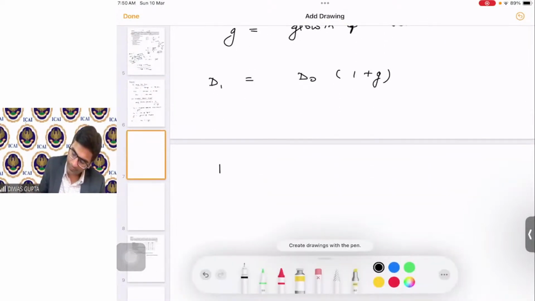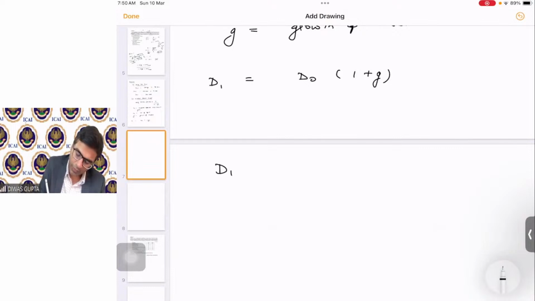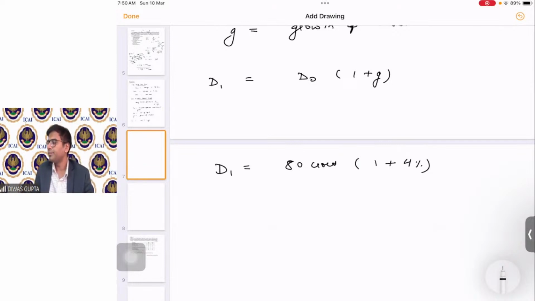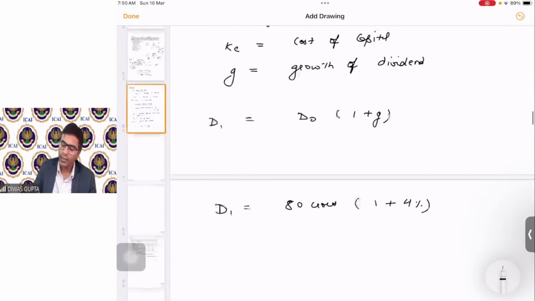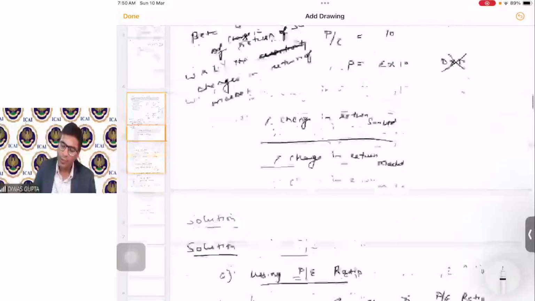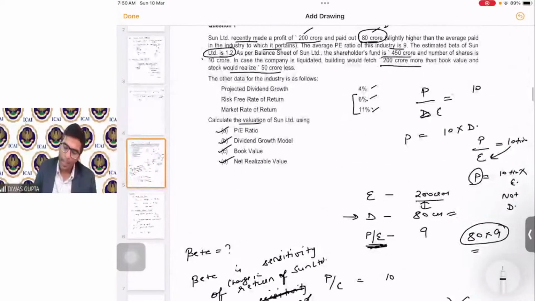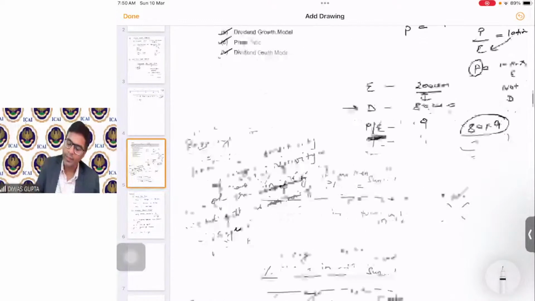So D1 will be equal to 80 crores times 1 plus 4%. Why? Because 4% is the projected dividend growth, students.